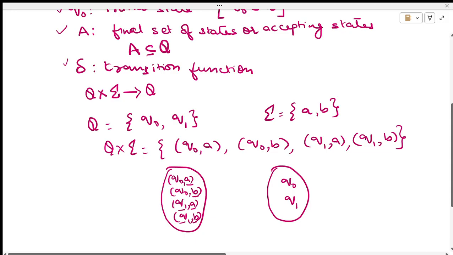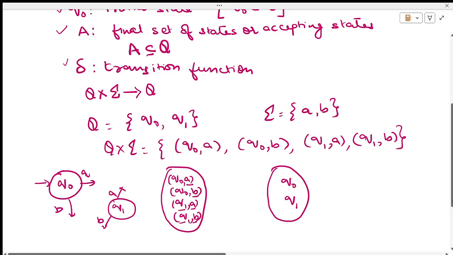Exactly one transition by reading an input. Suppose we are at state Q naught. We need to show on reading A the transition of Q naught as well as on reading B the transition of Q naught. Similarly, for Q1 also we need to show the transition for the symbol A as well as B. Then only we'll call this machine a deterministic finite automata.